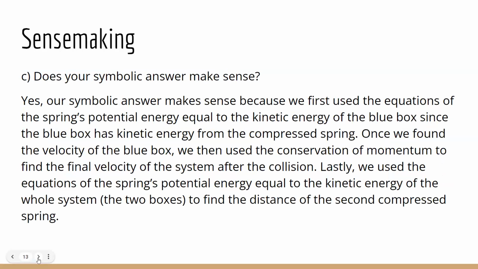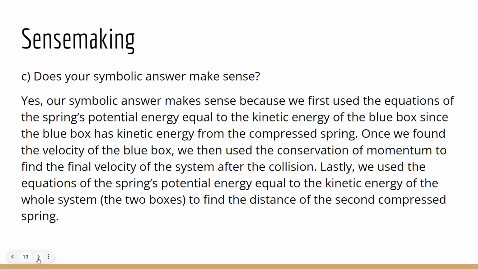Does our symbolic answer make sense? Yes, our symbolic answer makes sense because we first use the equations of the spring's potential energy equal to the kinetic energy of the blue box, since the blue block has kinetic energy from the compressed spring.